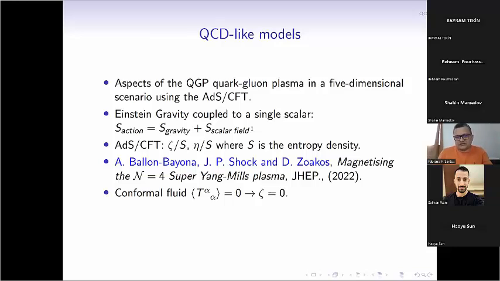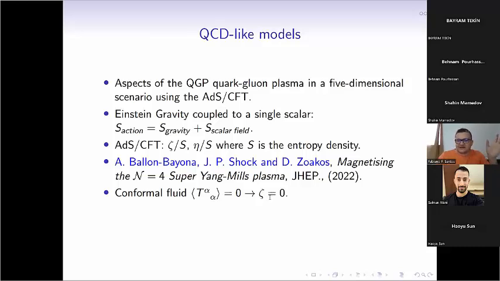With this, we can see what happens in the quark-gluon plasma. Important coefficients for these descriptions are the shear viscosity and bulk viscosity. In recent works, people apply this connection and this mimic.